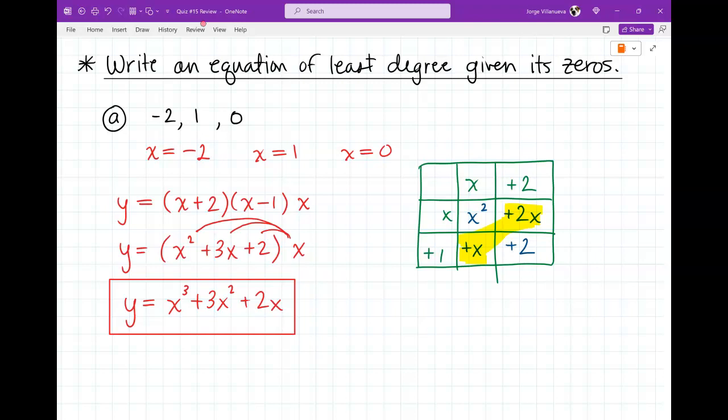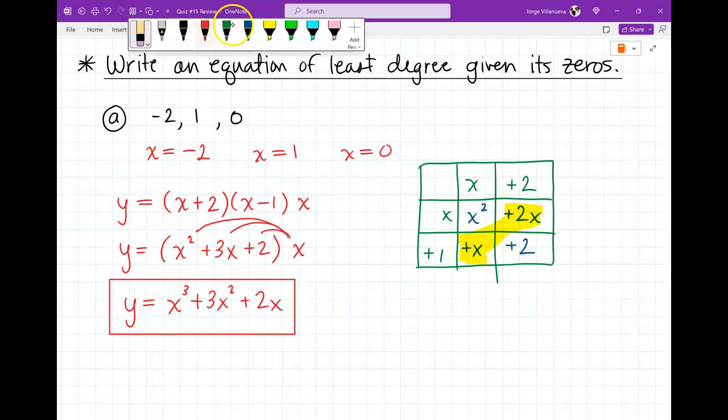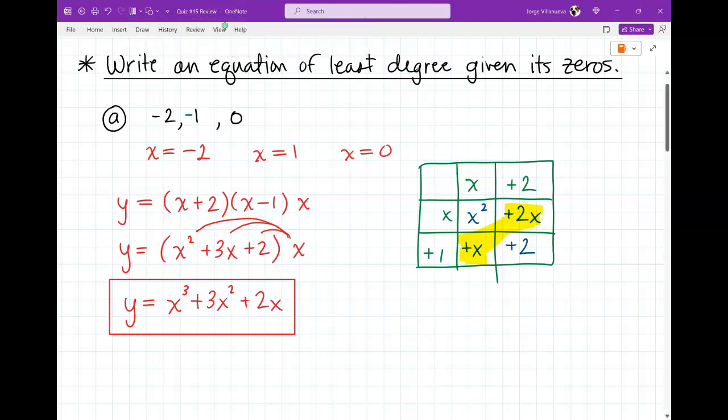Isn't the 1 supposed to be a negative? Yeah, it is, isn't it? Hold on, let me fix this. Thank you for that. Would it be easier if I do the following? Then I don't have to change anything.